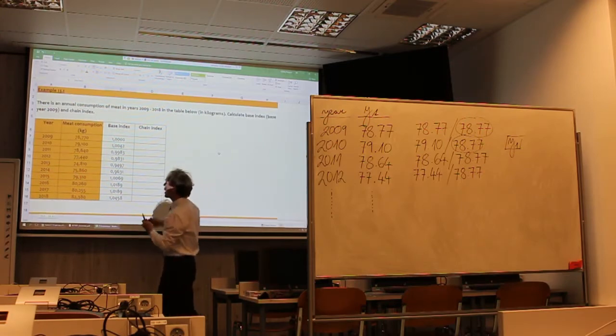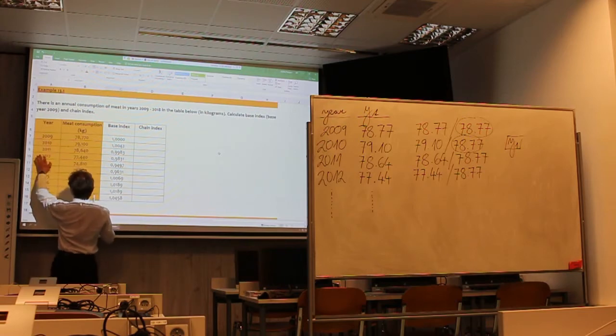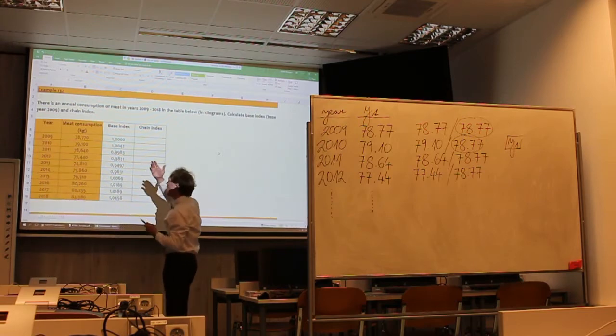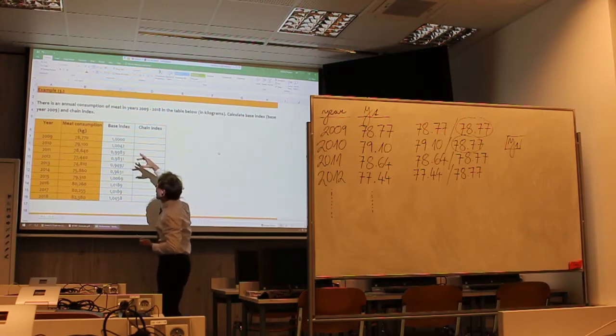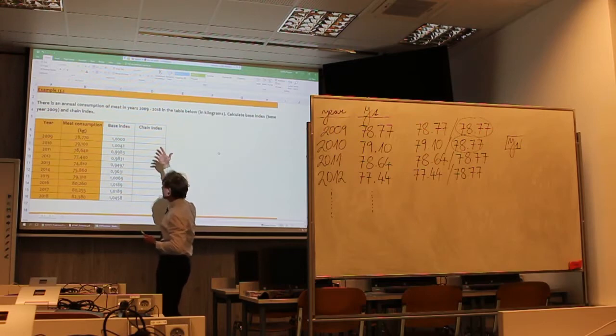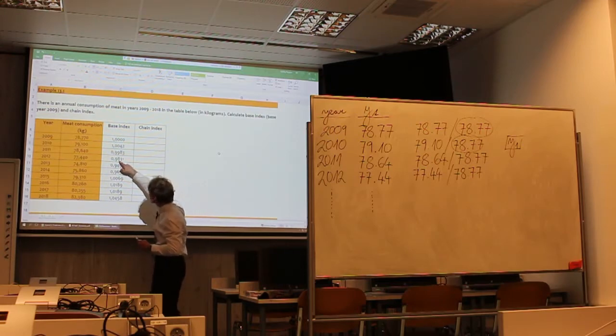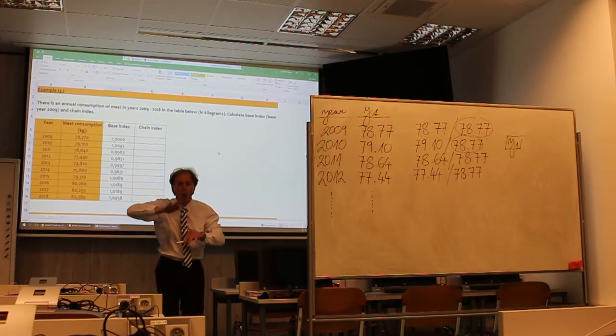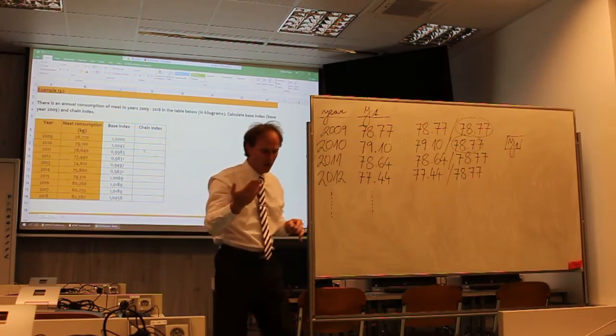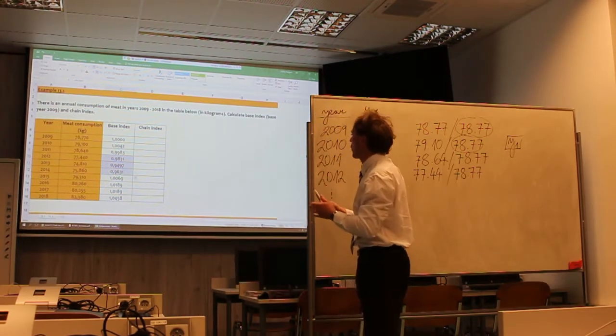Between 2009 and 2012, compared with base year 2009, meat consumption decreases by 1.69%. What is below 1 is decreasing, what is above 1 is increasing.